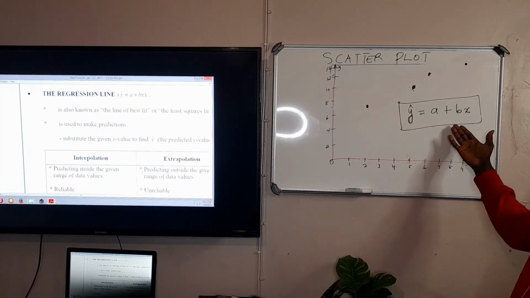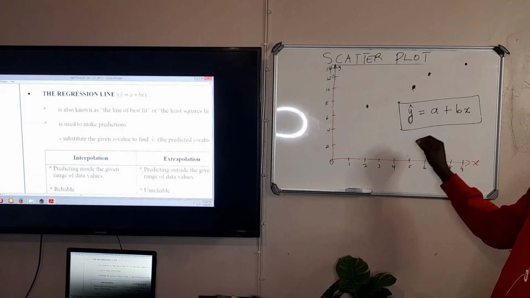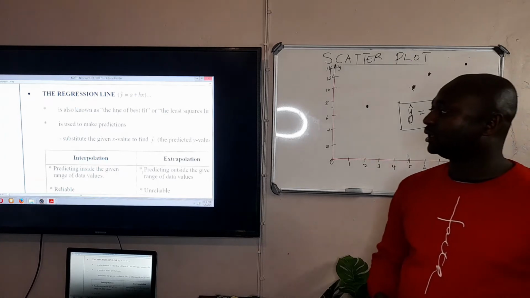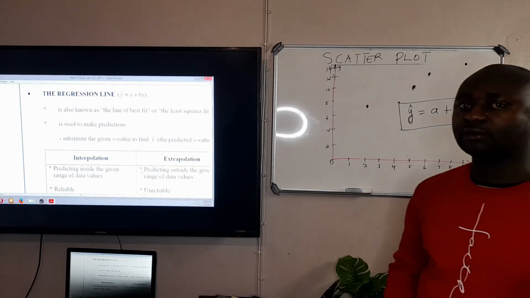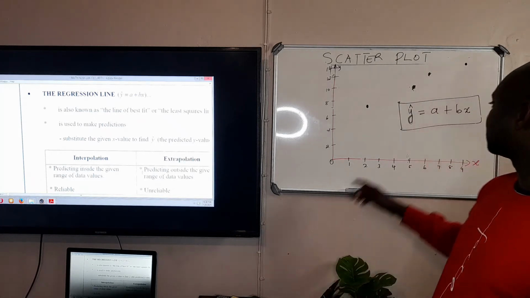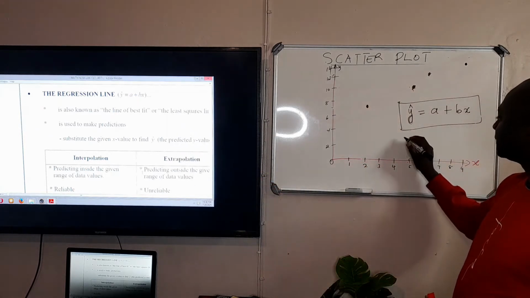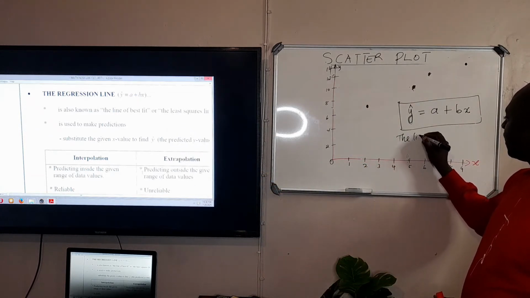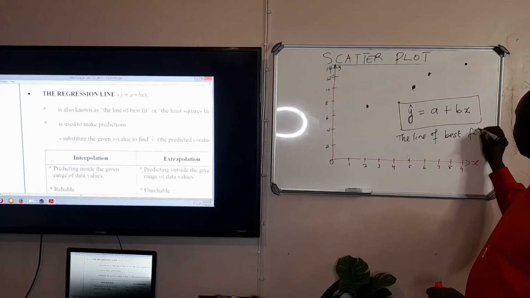And that is the next step where we are going. The question will ask you to determine the equation of the least square line, or the equation of the line of best fit. This regression line is what we call the line of best fit.